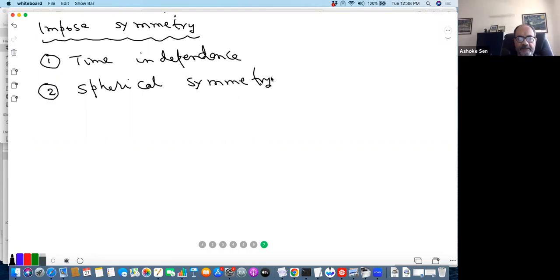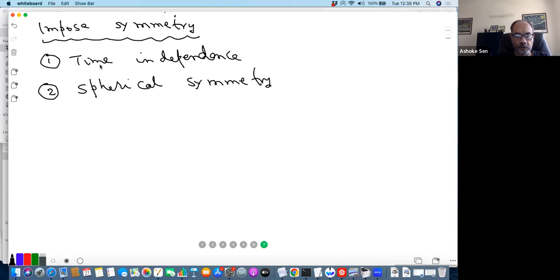Now, in general relativity, one has to be a little careful about what one means by time dependence and spherical symmetry, right? Because as we have been discussing, the general coordinate transformation is part of an allowed transformation, and the equation should not change under general coordinate transformation. But of course, the form of the solution could change, right?